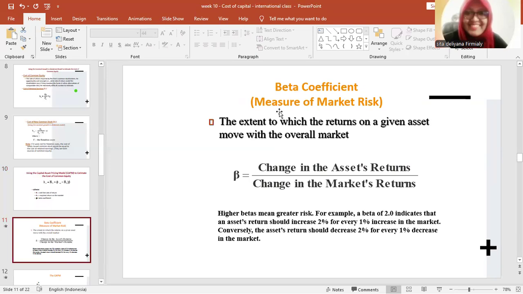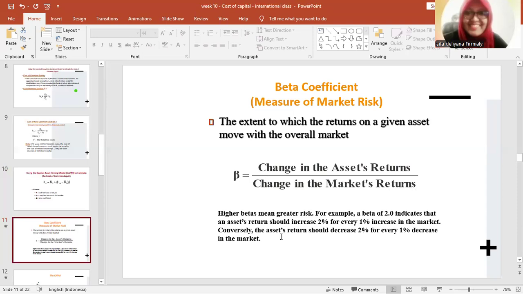The beta coefficient is a measure of market risk or systematic risk within the company. It measures the extent to which returns on a given asset move with the overall market. The beta represents the ratio between the changes in the asset return divided by the changes in the market return.